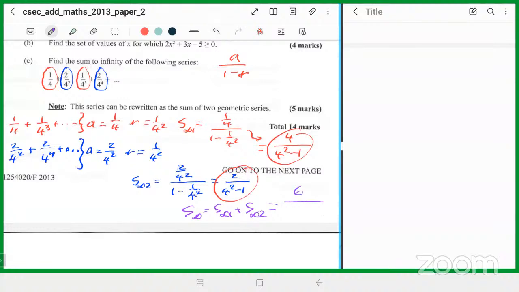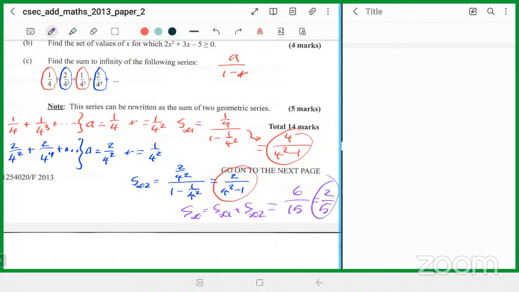The denominator is 15, because 4 squared is 16 minus 1, 15. And then 6 over 15 can be reduced to 2 over 5. Divided by 3, we get 2. Divided by 3, we get 5. Yeah, 2 over 5. That's my sum to infinity there.